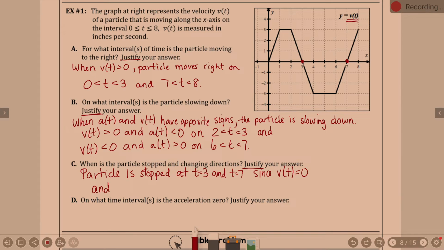And also changing directions because v of t changed signs.